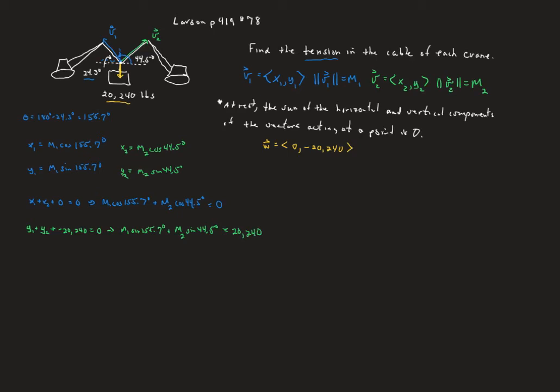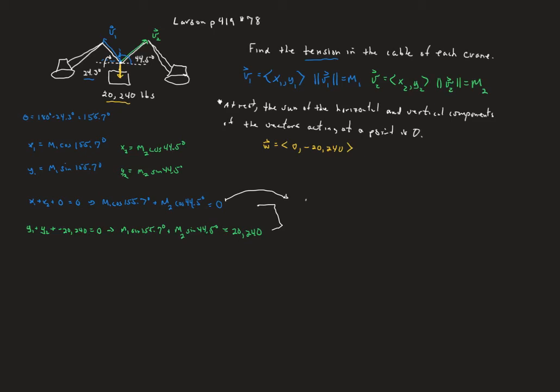Now the claim is what we have is a system of equations, 2 equations and 2 unknowns. Our unknowns are m1 and m2, and we have very messy numbers multiplying those, but we're going to go back to our algebra 2 days. From this equation, let's just solve for m2.